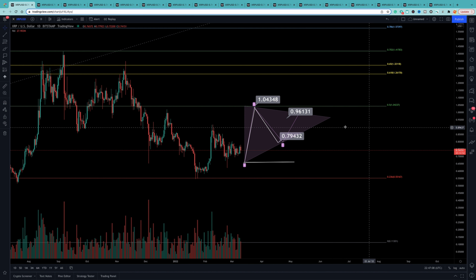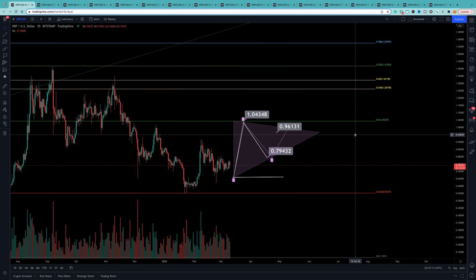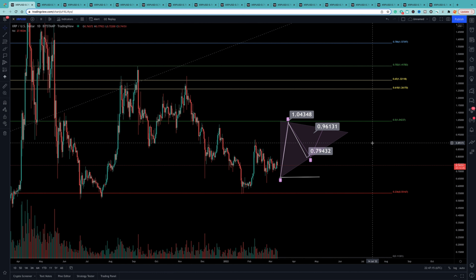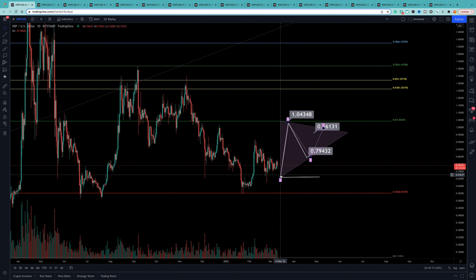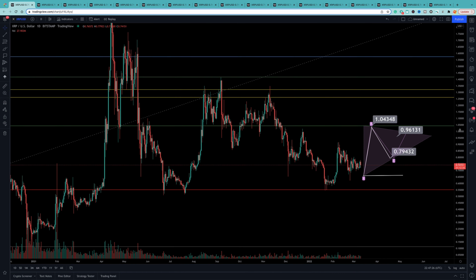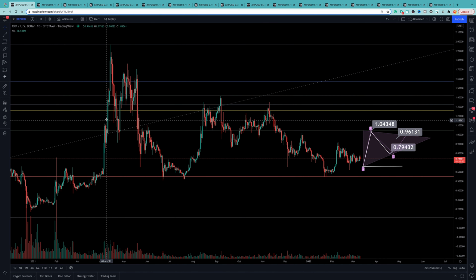So now we got to get past the 105. So okay, where are we going to go with that? Well, there's always a challenge when you're coming up to the golden pocket. Look, it gets to it and gets a rejection. But now we've got a bit of momentum behind us.